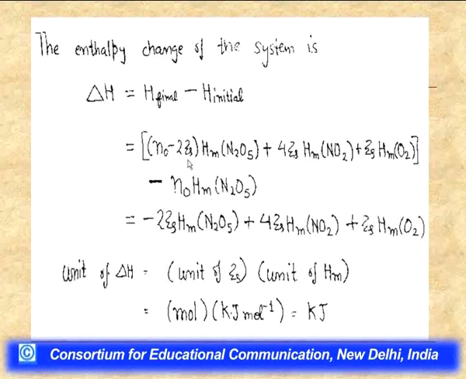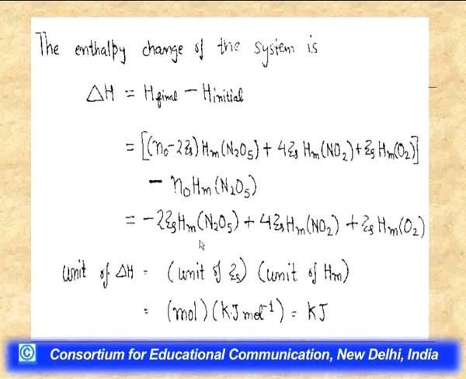If we open these equations, we see that N0 Hm N2O5 is common, and with opposite sign these cancel, and with this expression we have ΔH of the system. Mind you, we are only considering the enthalpy change of the system, we are not talking about the reaction as yet. So that is equal to minus 2ξ Hm N2O5 plus 4ξ Hm NO2 plus ξ Hm O2.